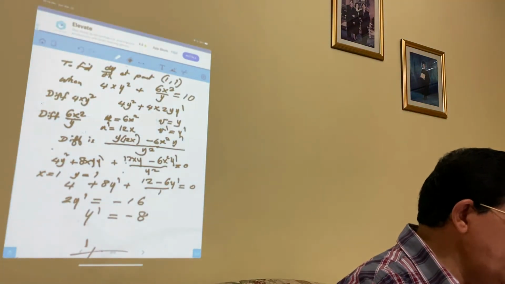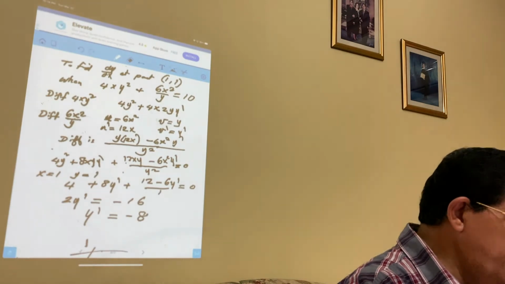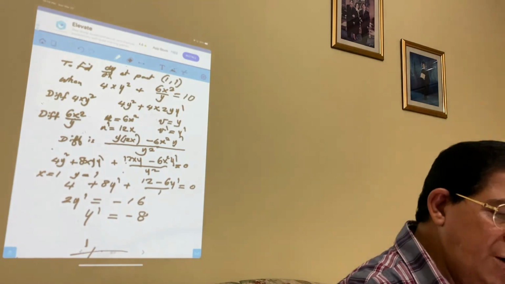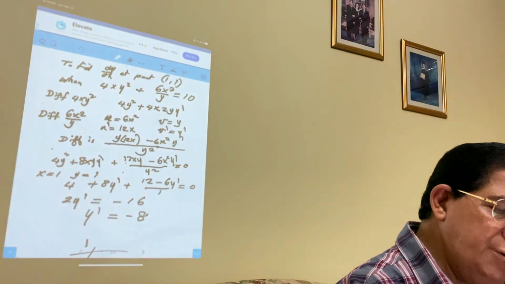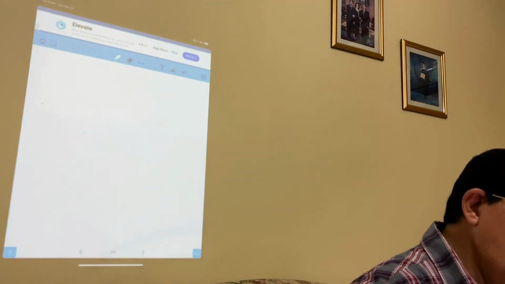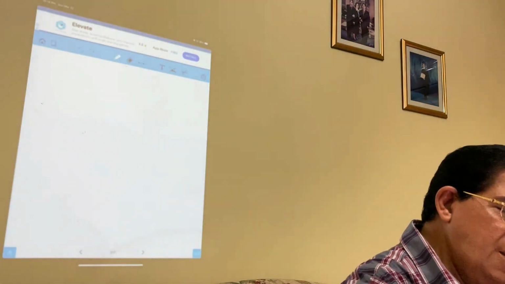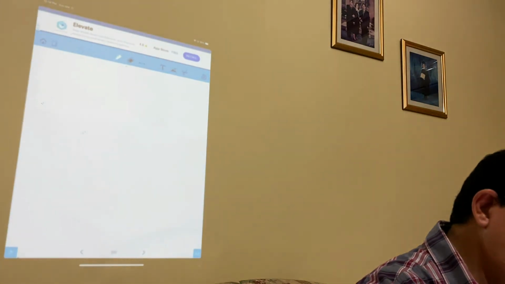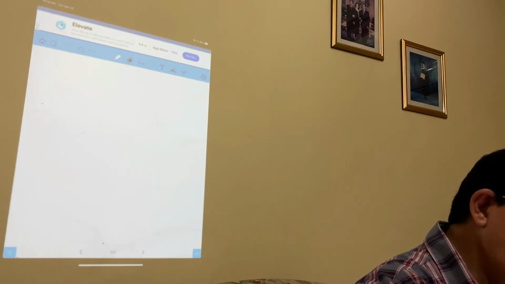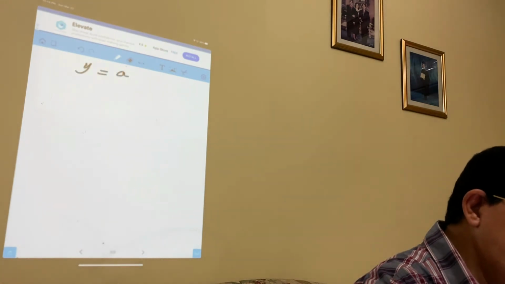The next is when we have another rule of differentiation. Now, we know how to differentiate y equal e power x, but now we want to differentiate y equal a power x.